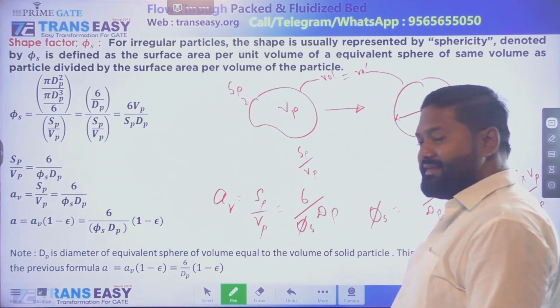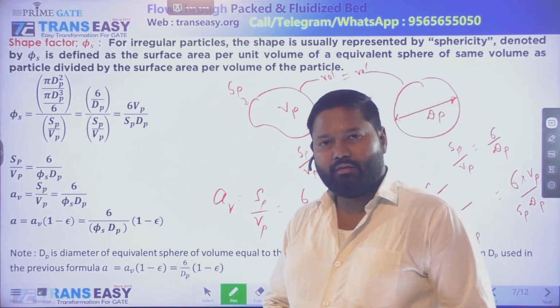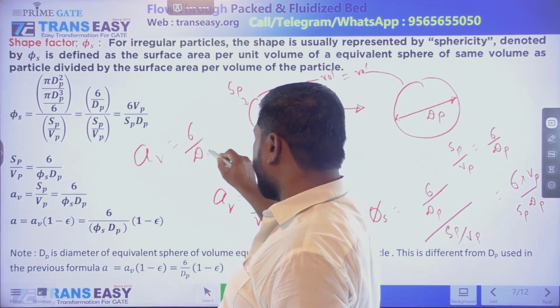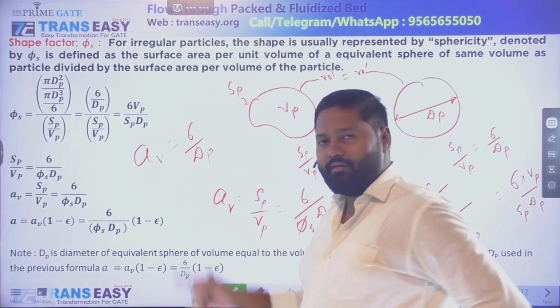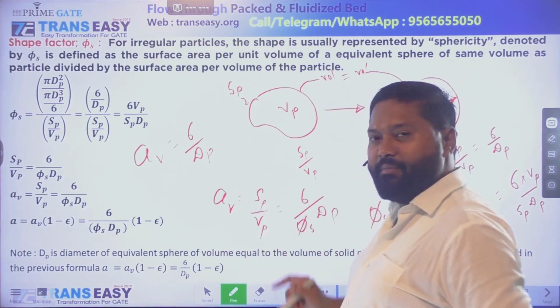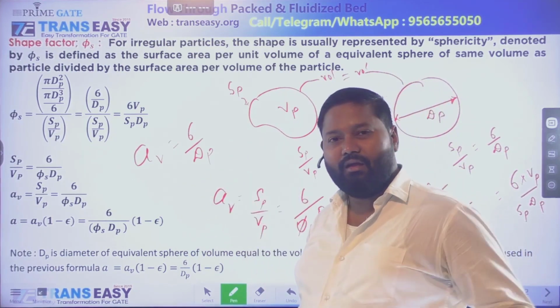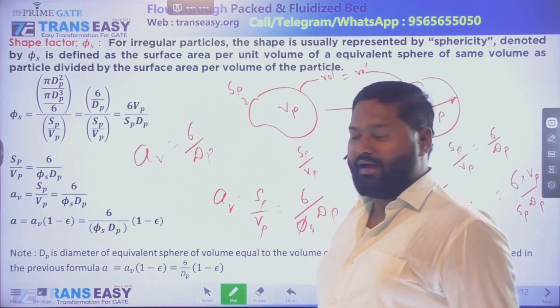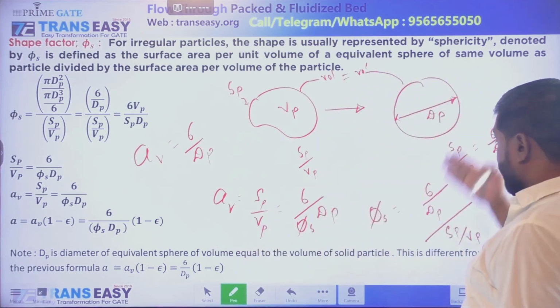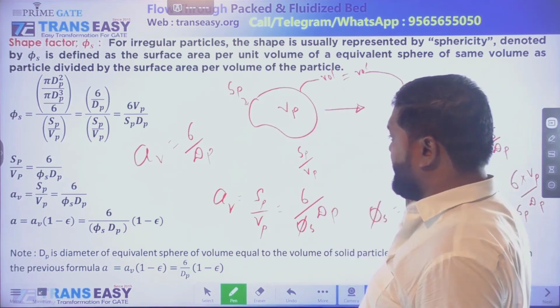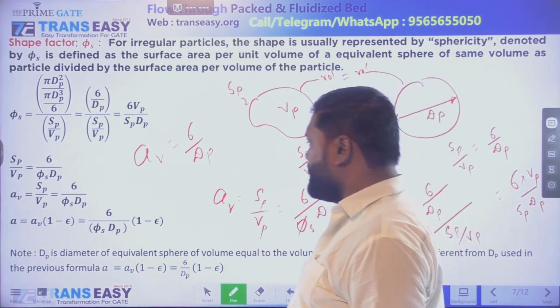So this dp is actually different from the dp used in this formula. Clear? यहां पर जो dp यूज हो रहा है ना, इससे ये डिफरेंट dp है. यहां पर जो dp यूज हो रहा है वो इक्विवेलेंट स्फीयर है, लेकिन दोनों का av इक्वल था. यहां दोनों की av इक्वल नहीं है, av का रेशियो ही phi s है, phi s आ गया इसमें. यहां पर वॉल्यूम इक्वल करके dp निकाला गया है, राइट डियर फ्रेंड्स.